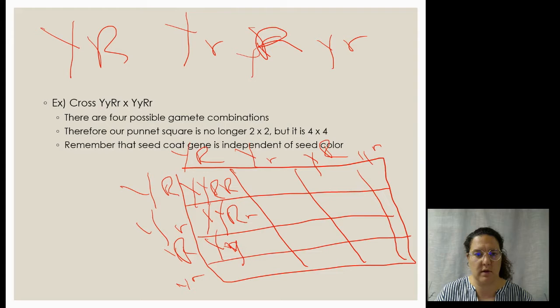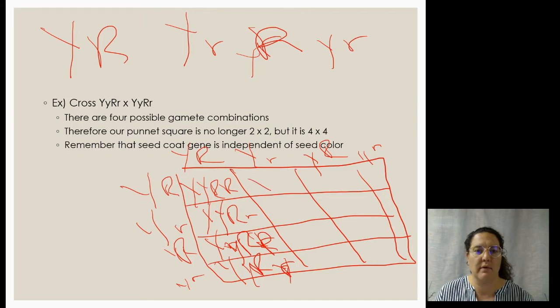Oh, that's a lowercase y. It's 2 capital R's there. 2 capital R's, and then this was a lowercase r, not a y.